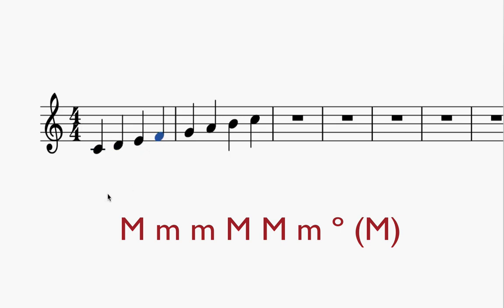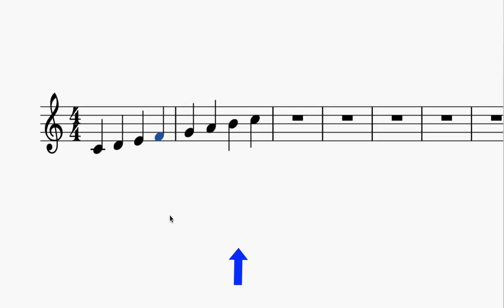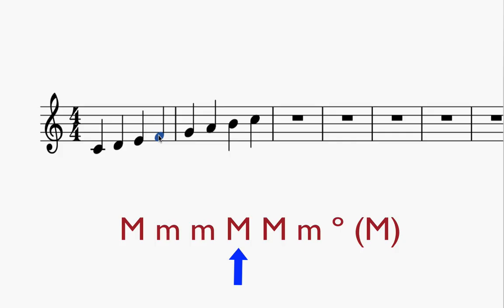And if we count up the pattern, it is major, minor, minor, major, the fourth one. So the fourth chord quality in our diatonic chord progression is major. The fourth note of our scale is F, therefore F major is the IV in the key of C.